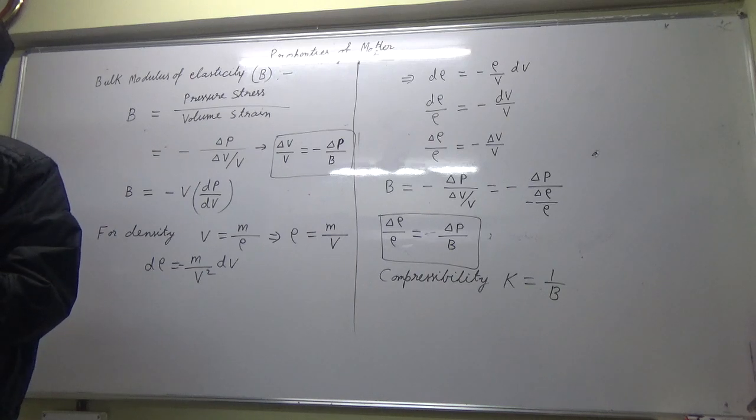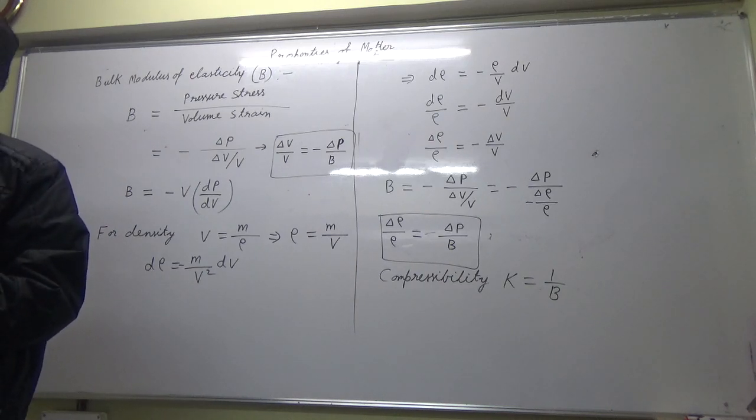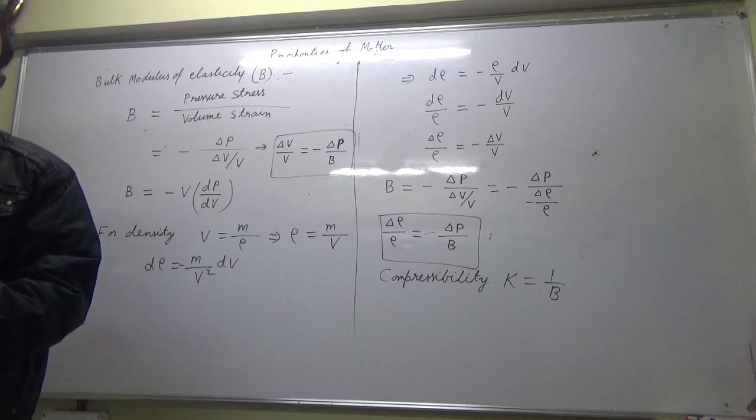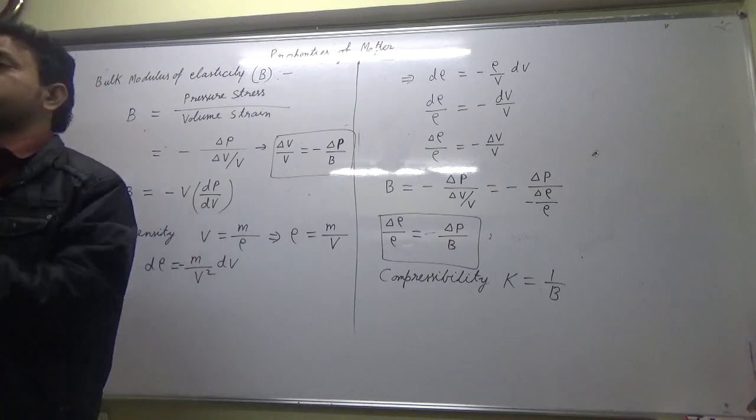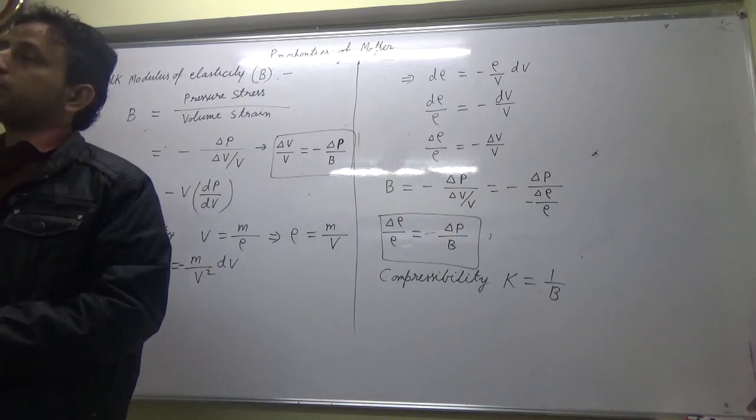Okay? Suppose for mercury, the bulk modulus is very large, then it can be compressed by a small amount only. For gases, bulk modulus is small and compressibility is large. Okay? So question number 13 and 14 are based on this. Solve question number 13 and 14.